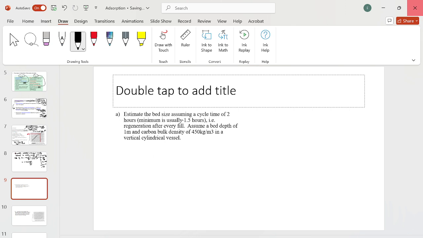Estimate the bed size assuming a cycle time of 2 hours. Minimum is usually 1.5 hours. Regeneration after every fill. Assume a bed depth of 1 meter.